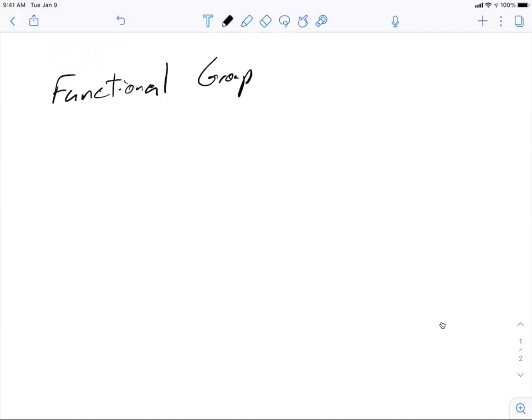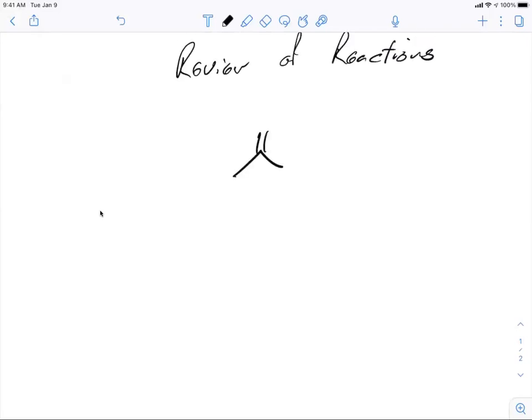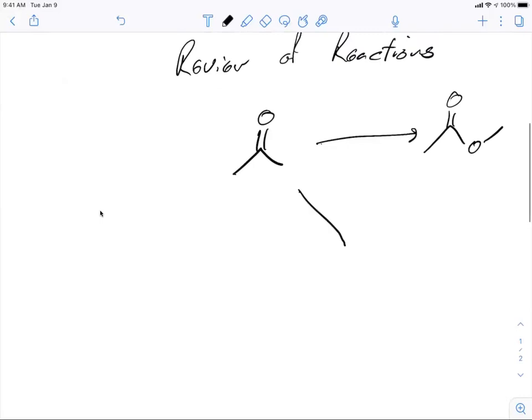If we look at chapter 19, the one we're in currently, at the review of reactions, it has a process where it looks at the functional group that we're in, and then all the reactions that we went through. So you can go ahead and look at these in the chapter and see what is happening.